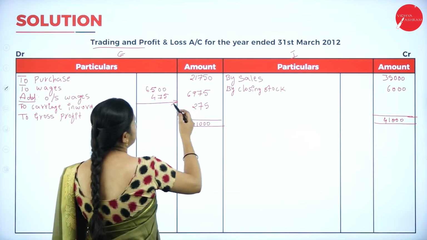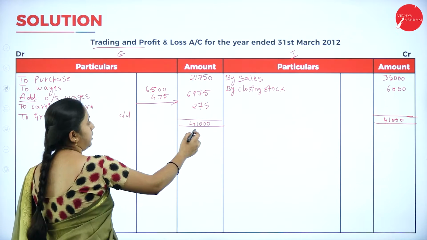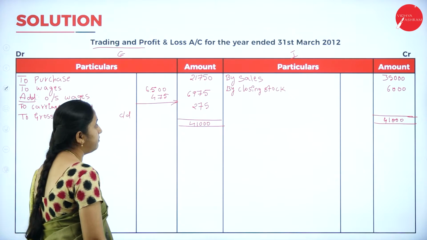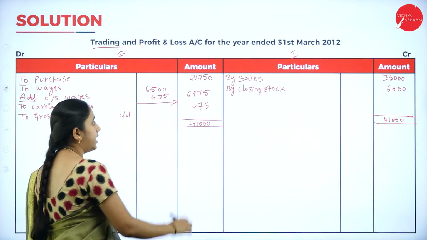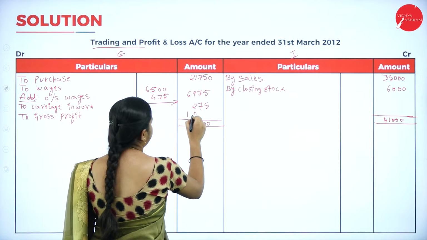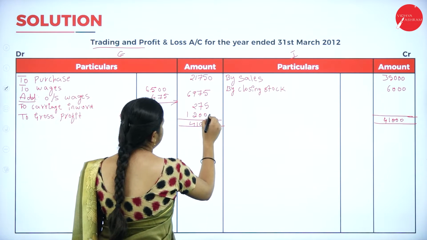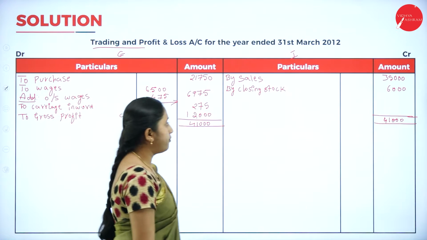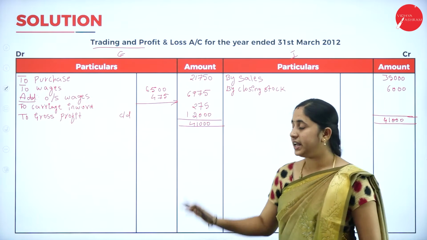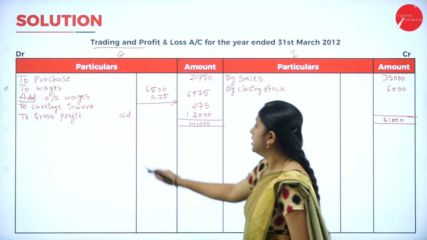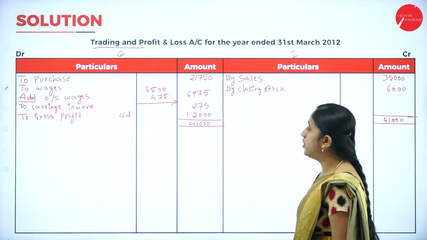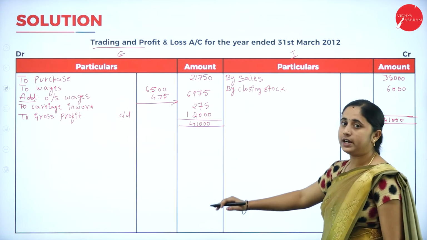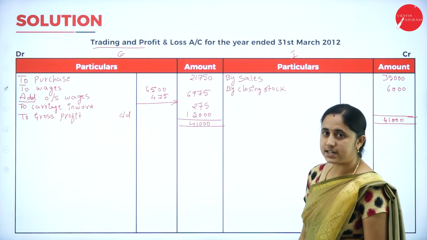Now find the difference between the debit and credit. 41,000 minus 21,750, 6,975 and 275. The difference is 12,000. So 12,000 is the gross profit. Gross profit from the trading account is 12,000. This carry down should be brought down for the profit and loss account. I will continue the profit and loss account in the same statement.